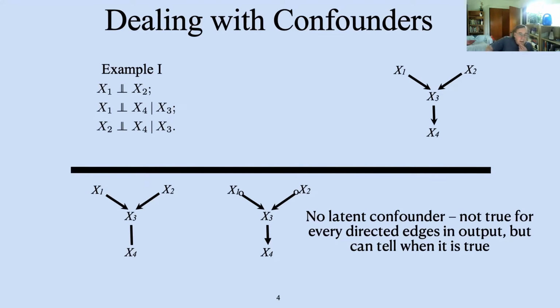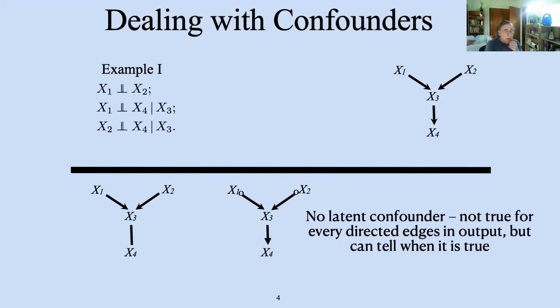If I were to run PC on that, I'm sorry, there's a mistake there. The graph on the left would have directed edges from x1 to x3 and x2 to x3, and a directed edge from x3 to x4.